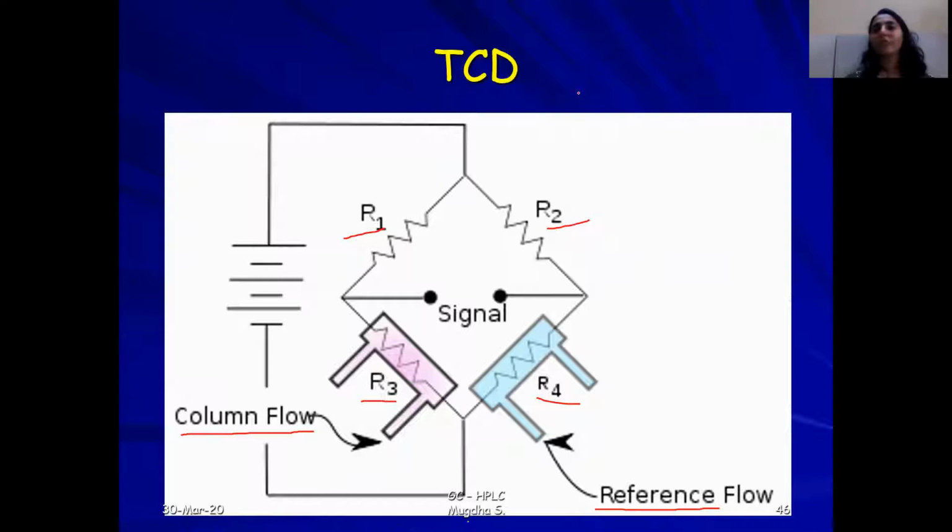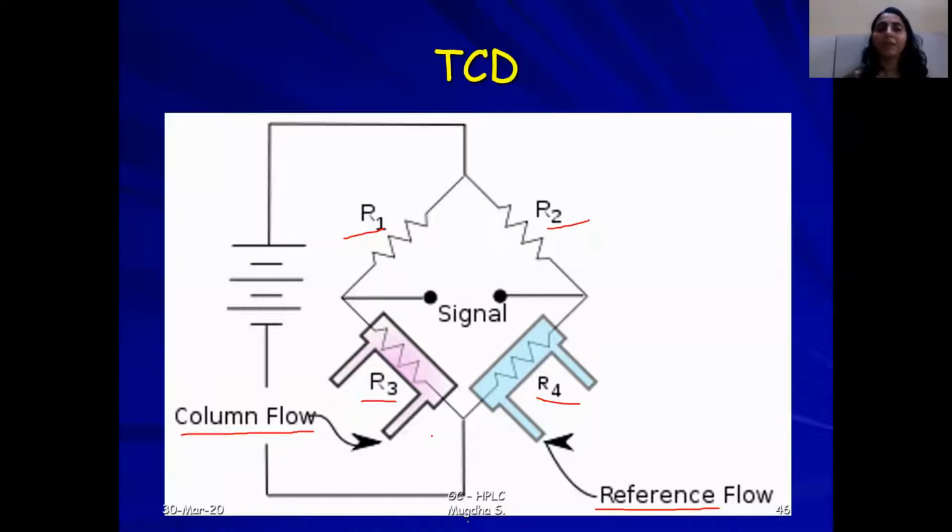Now, everyone knows that every gas has thermal conductivity. What is basically done is, the temperature of the element will vary depending on the gas passing over it, and that will vary depending on the thermal conductivity of that particular gas or sample.